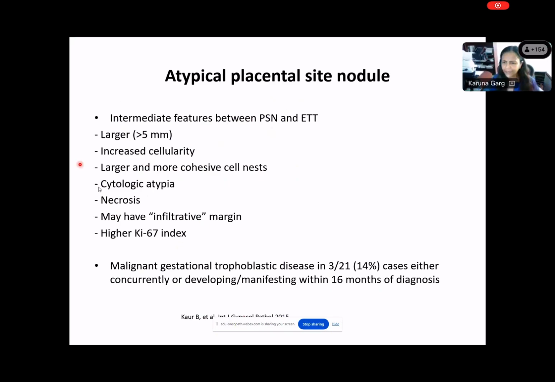So, this is a very ill-defined entity, and I think it's very subjective. In this study, about 14% of cases of atypical placental site nodules either had a malignant trophoblastic disease or developed one within 16 months of diagnosis.